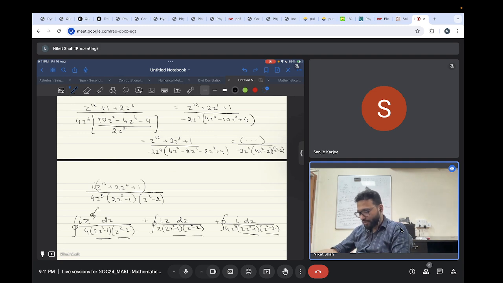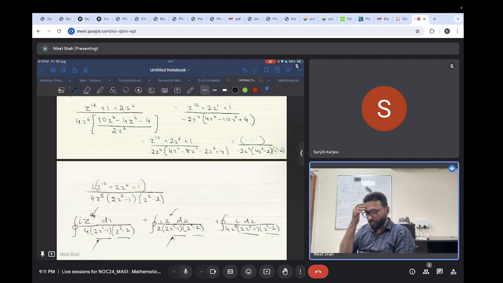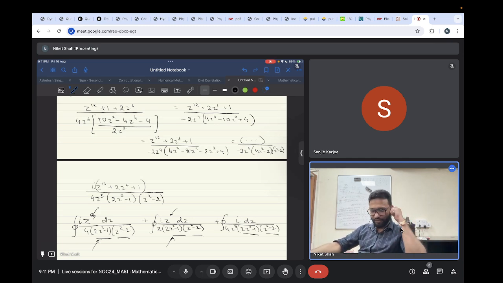The numerators don't matter, only the denominator. Here you have only two poles, at z equal to plus minus 1 by root 2. Only two poles here. But for this one, you have a pole at z equal to 0 also.